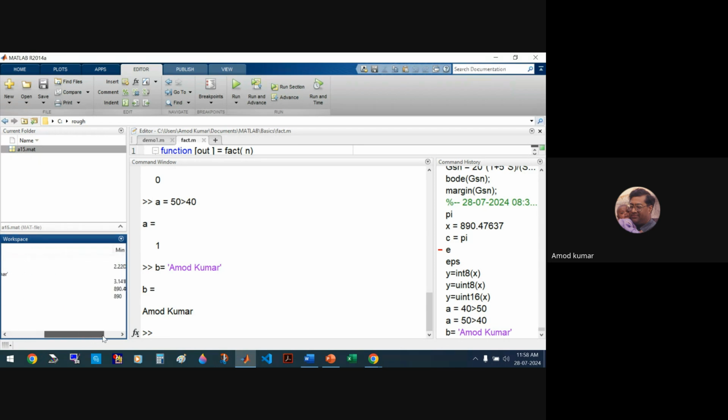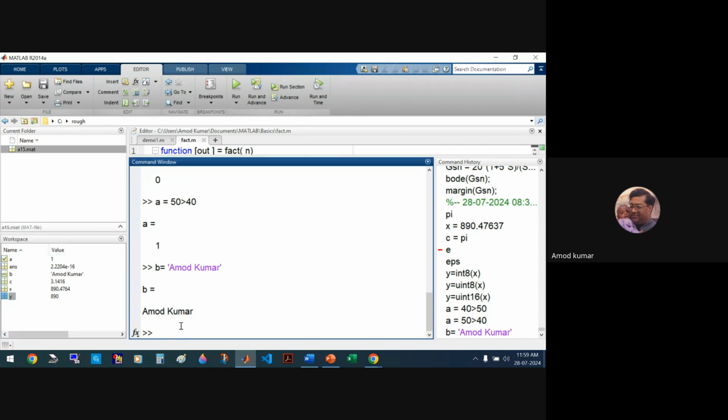Also, if you move this workspace bar horizontally, you can see the values. What is the value of the variable? This is just for information's sake, nothing great in this. The value is available here also, and it also shows the minimum and maximum value of the variable, which is useless anyway.